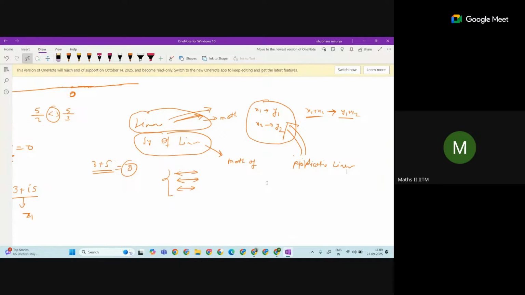Linear means this kind of representation: the input is linearly added, and the output you get is linear. This is one application of a system of linear equations and also of linear transformation.